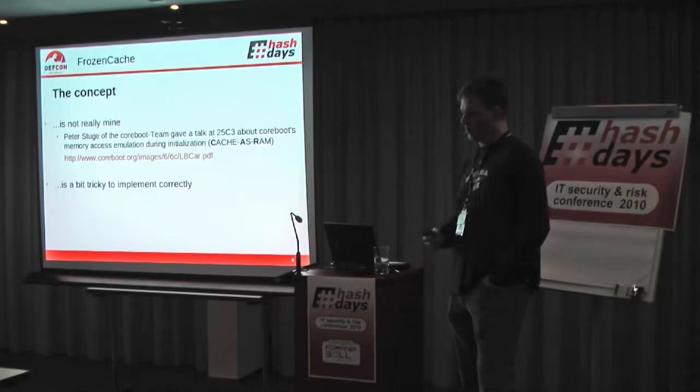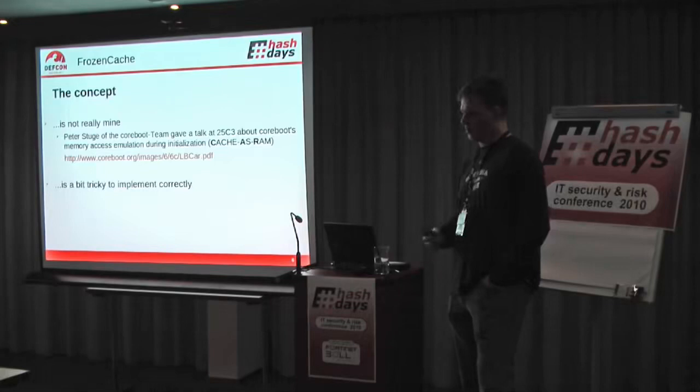So by accessing the data, it'll automatically be added to the cache. And what I do is we take the key, load it into some registers, wipe out the memory, take the key, write it back into the cache, and then you essentially freeze it right there.